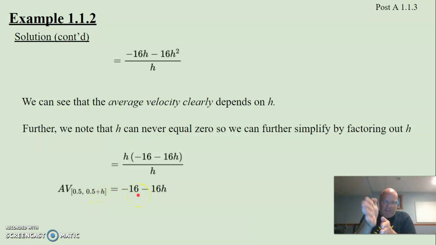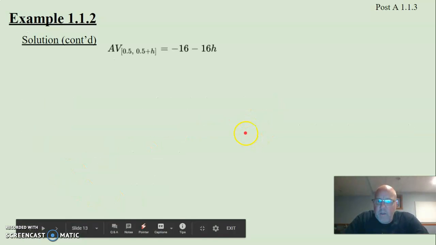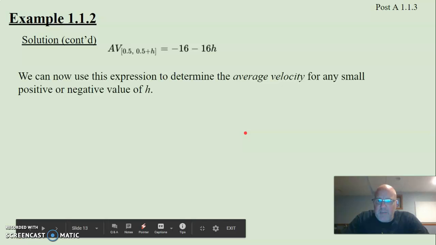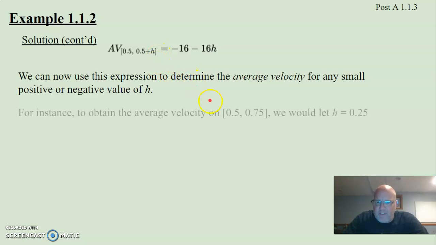Remember, here's 0.5 seconds, here's 0.5 plus h, but h has some restrictions. Those restrictions are between negative 0.5 and 0.5. Okay, so this is actually going to make our life a little bit easier, believe it or not, because we can use this expression now to calculate the average velocity on any interval from 0.5 to 0.5 plus h. So let's say we have from 0.5 to 0.75.